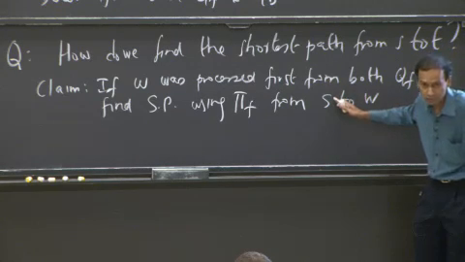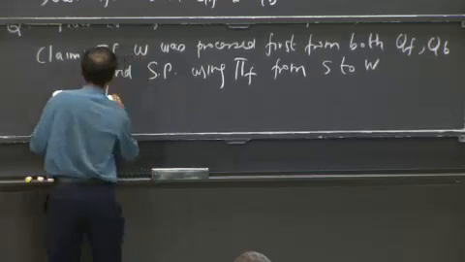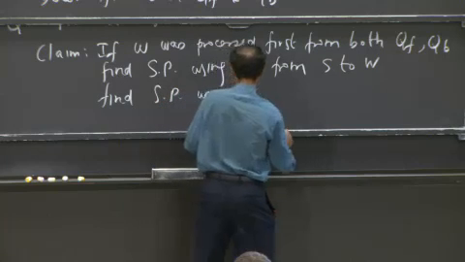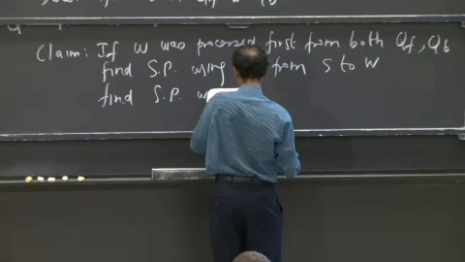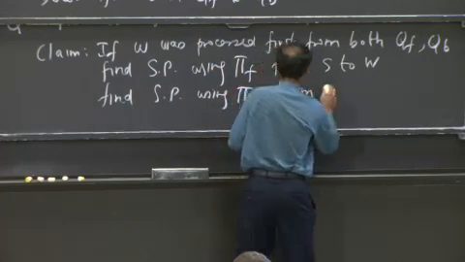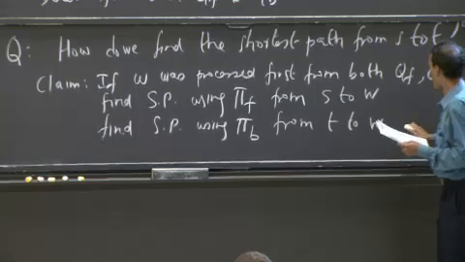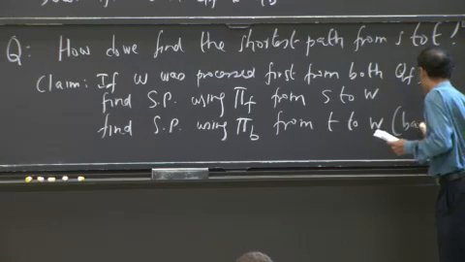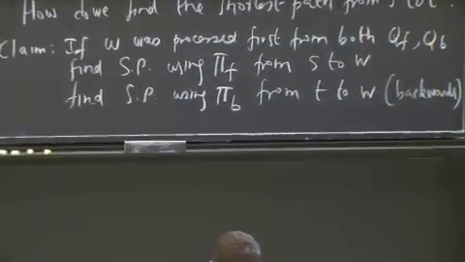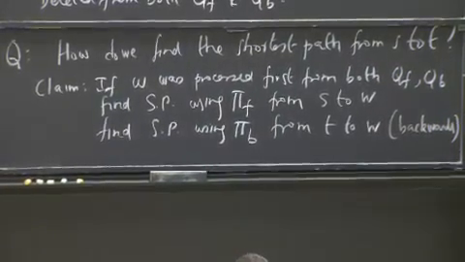Everybody knows this. You've coded it, so I hope you know it. And then we find the shortest path using pi B, right? And you're going to constantly apply pi B, and this is the backwards path from T to W. Okay. And this follows the edges backwards. All right? And this sounds pretty good? Everybody agree with this? Anybody disagree? Yeah.